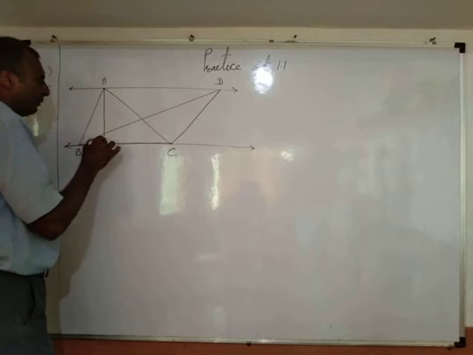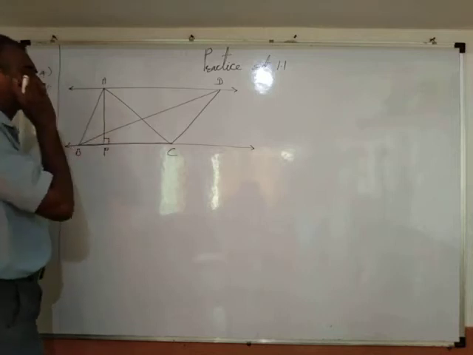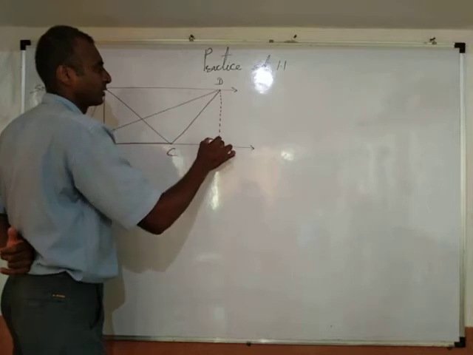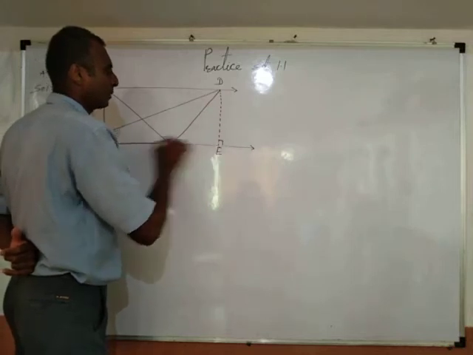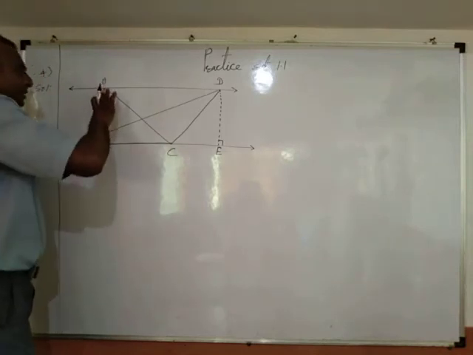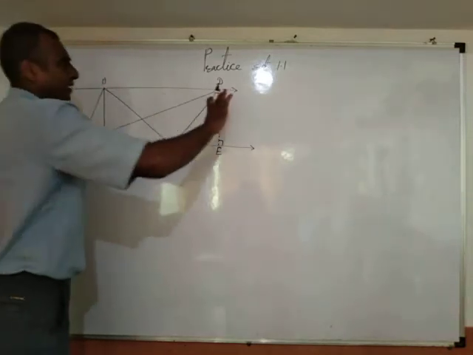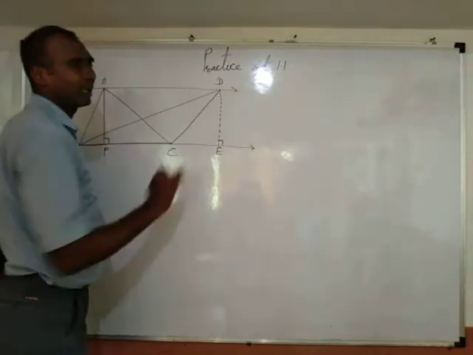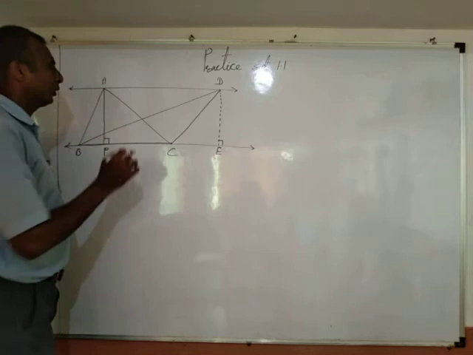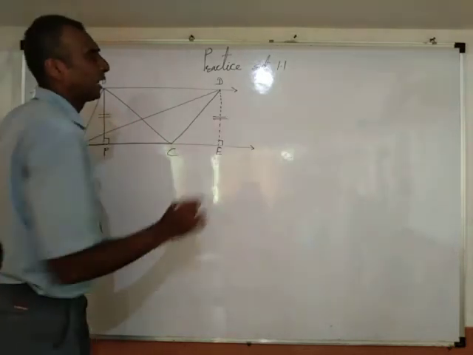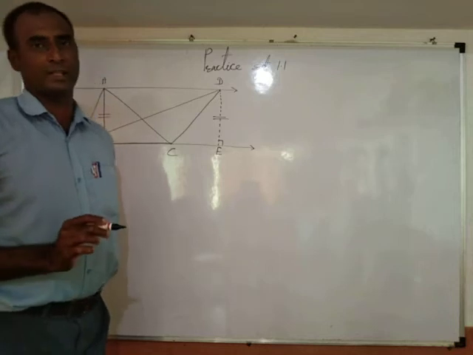Here AP is perpendicular to BC. Let us suppose DE is perpendicular to line BC. Now seg AP and seg DE are distances between two parallel lines, and we know that distances between two parallel lines are always constant.